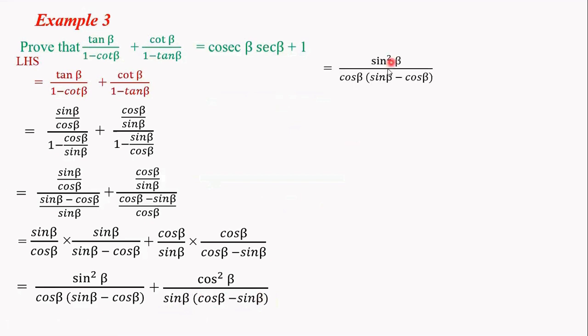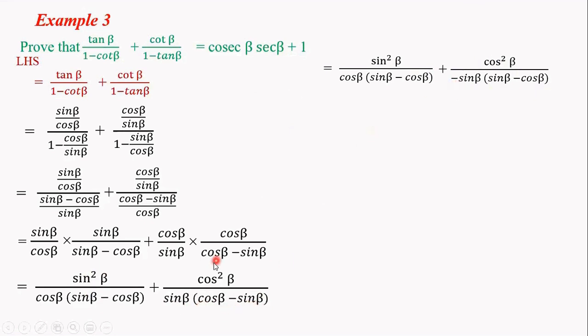Now, the first term of this part is copied as it is. In the second part, only in the denominator, we have taken the minus sign common and we have minus sine beta minus cos beta. Look here. Before taking minus common, it was sine beta, cos beta minus sine beta.